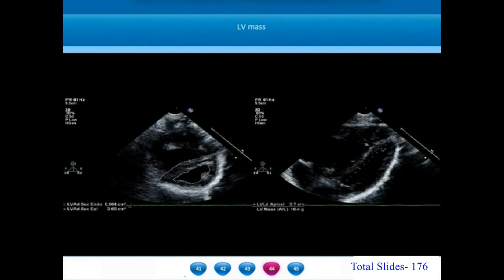A left ventricular mass indexed to body surface area of less than 35 grams per meter squared is considered a regressed left ventricle and usually cannot sustain systemic circulation after an arterial switch operation.